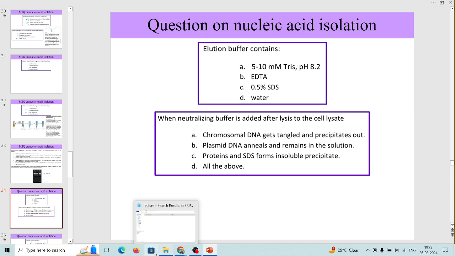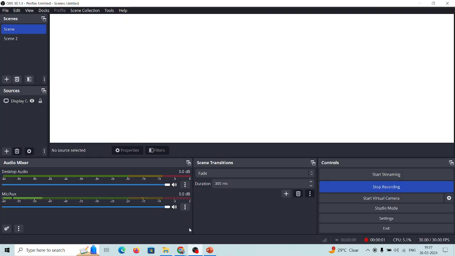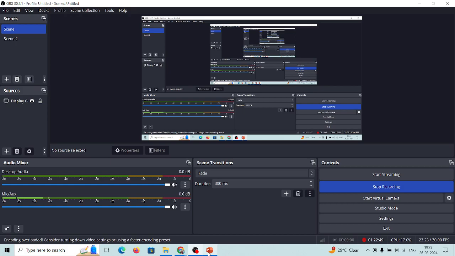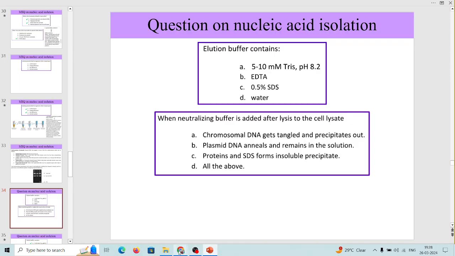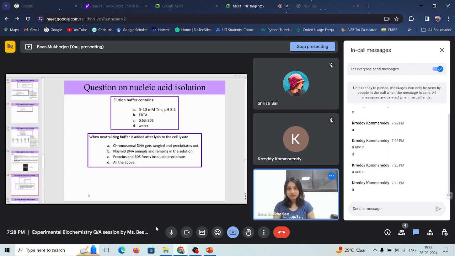So what is the composition of your elution buffer, and when the neutralizing buffer is added after lysis to the cell lysate, then what do we see? Okay, so elution buffer contains tris. Fine, elution buffer does contain tris.